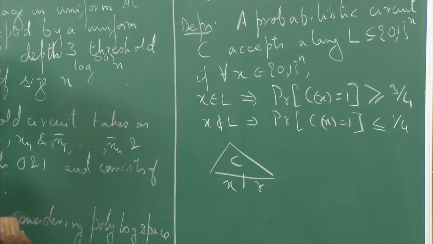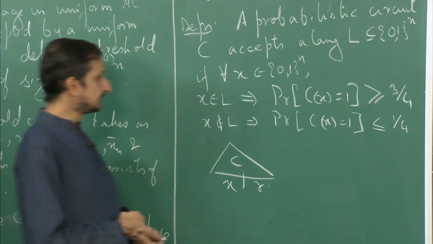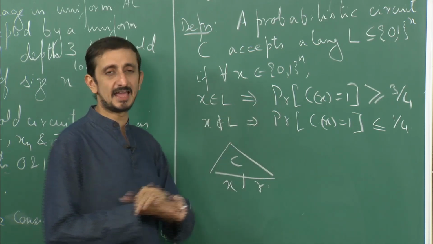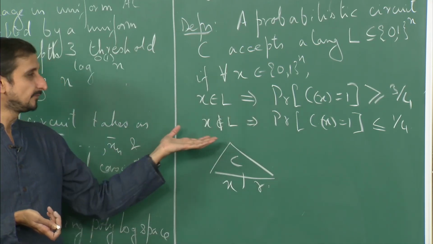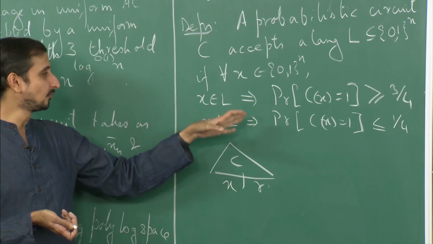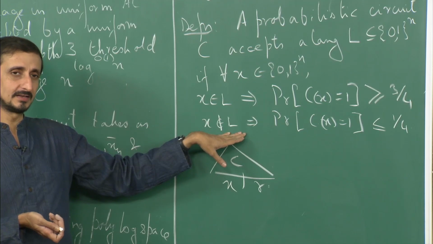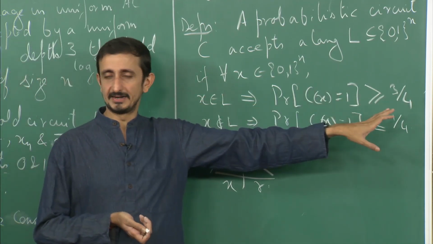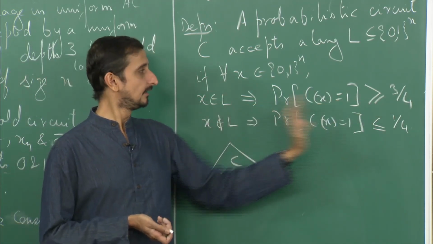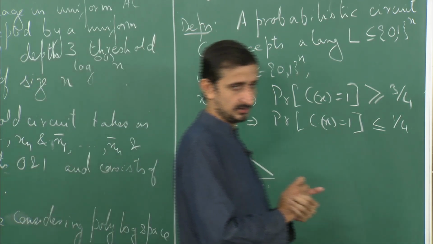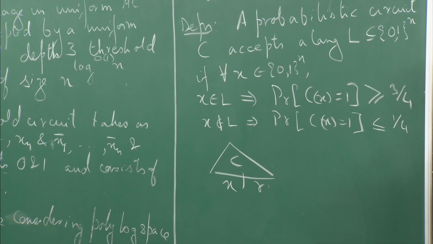Although for generality I am defining probabilistic circuits which can have two-sided error, we will only be looking at one-sided error. If x is not in L, the circuit will always give the correct answer, and if x is in L, it will give the correct answer for a 3/4 fraction of the random strings. That is what we will be doing for our purpose.